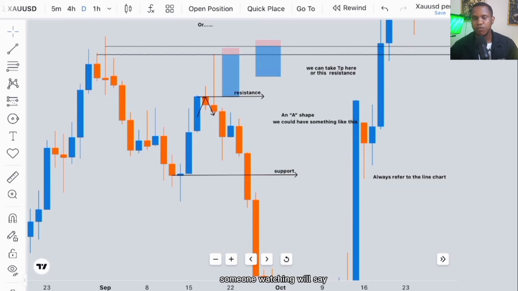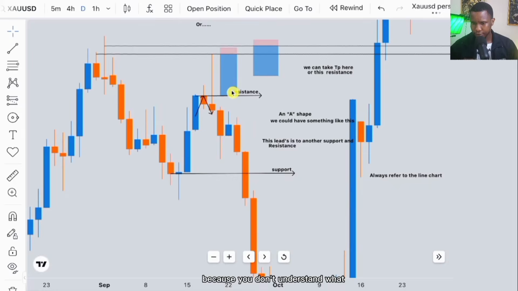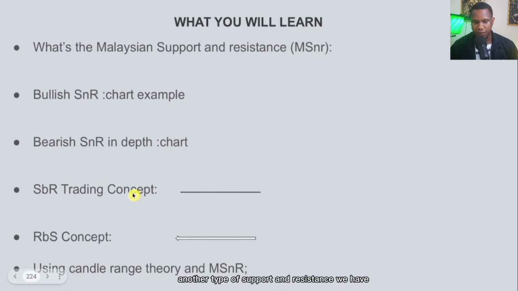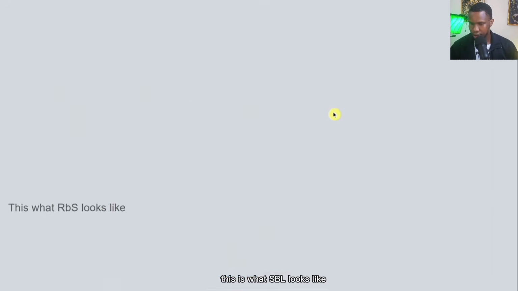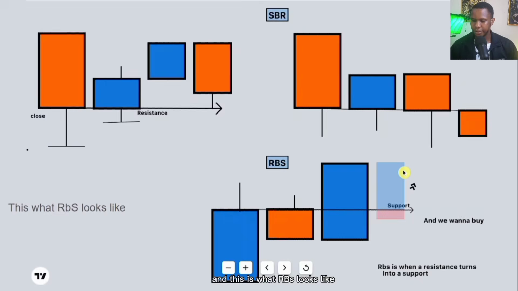So when watching, you say, but Vitos, the market broke this resistance zone. Why did you still have to respect it? Because you don't understand what type of support and resistance we have, which is SBR and RBS. This is what SBR looks like, and this is what RBS looks like.